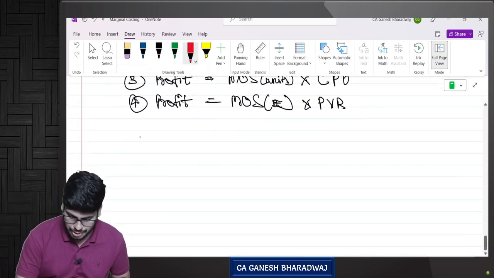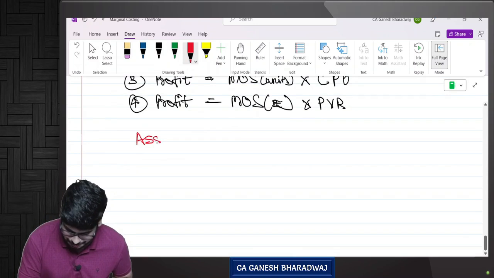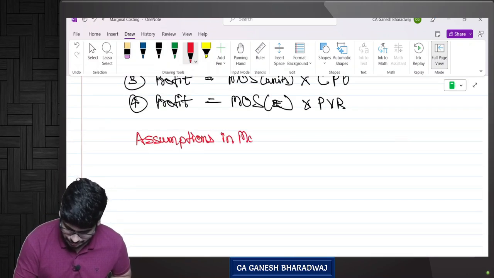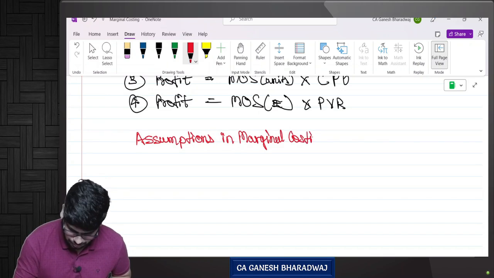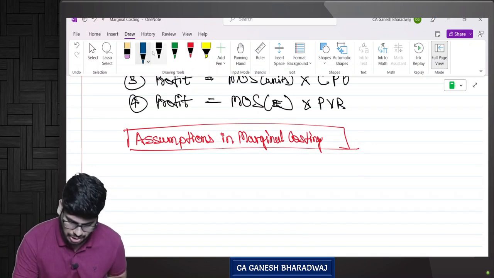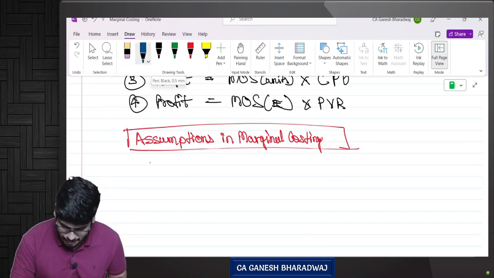is assumptions. Let me just state down the assumptions. The assumptions in marginal costing. Assumptions for this particular chapter, marginal costing. What are the assumptions?